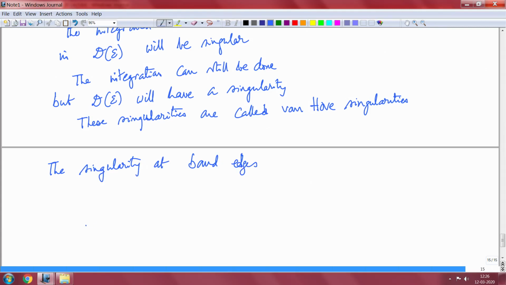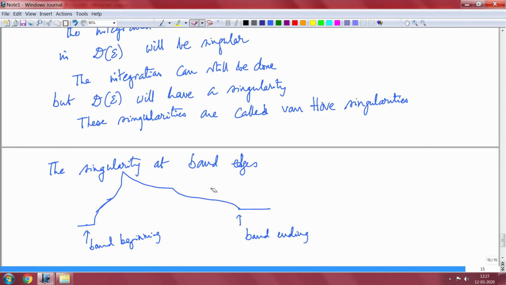It should go to 0 on one side, and it should go up like this at the band beginning, and at a band ending it goes like this. This is the way it goes at the band ending. And you could be having saddle points in between, so that you will have something going like this.